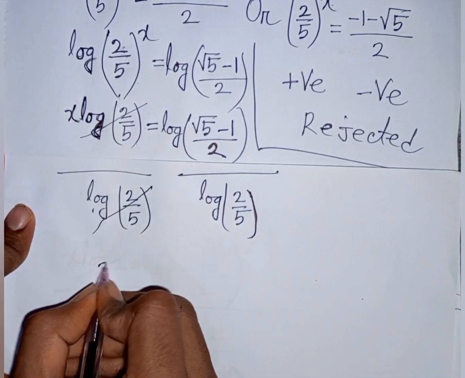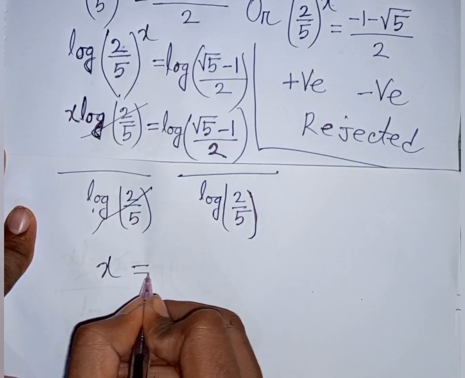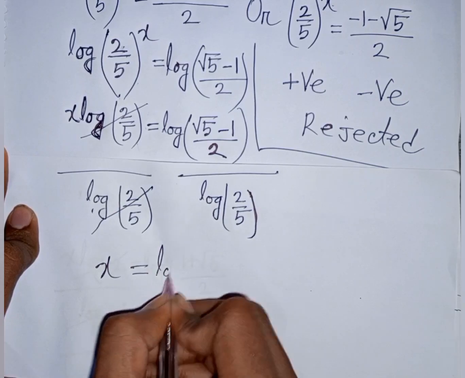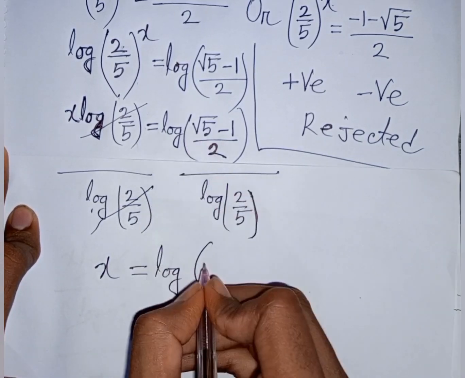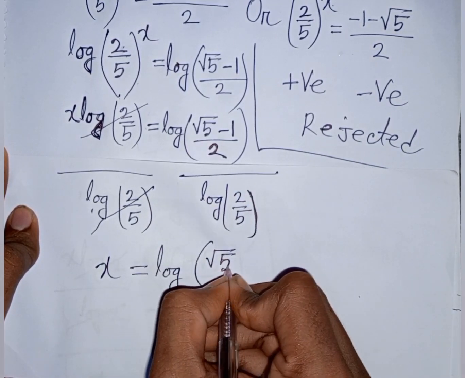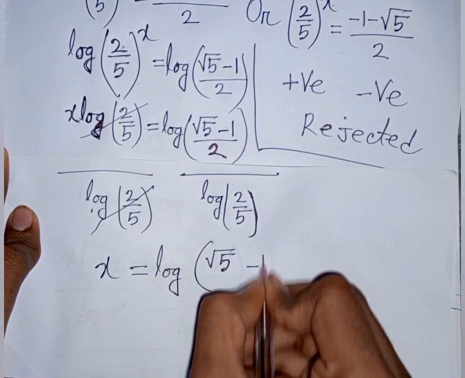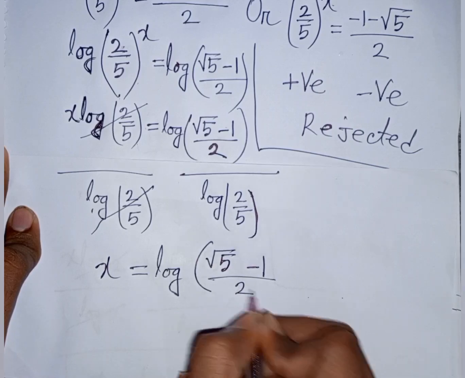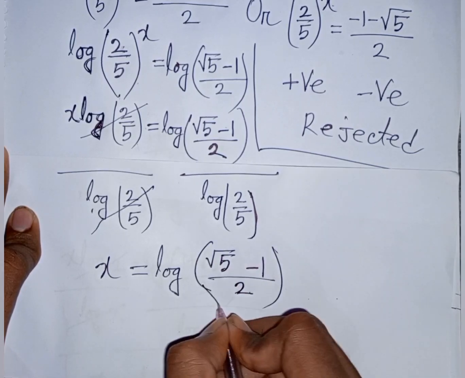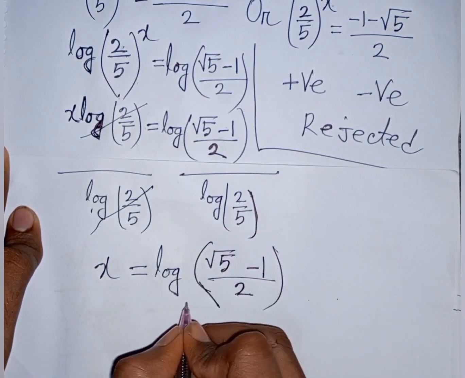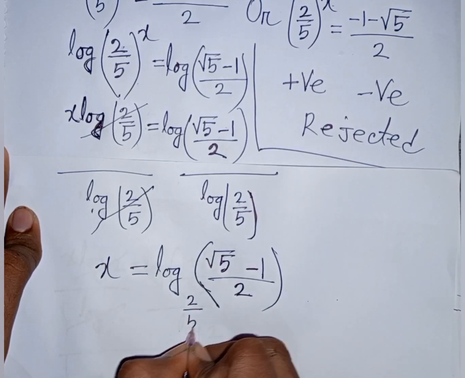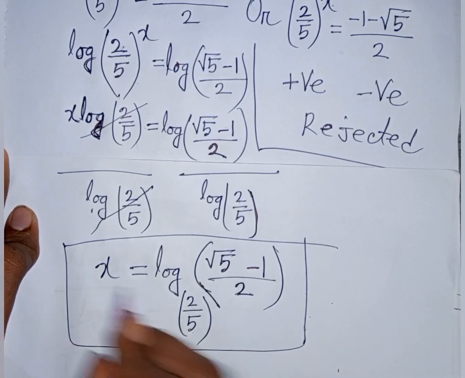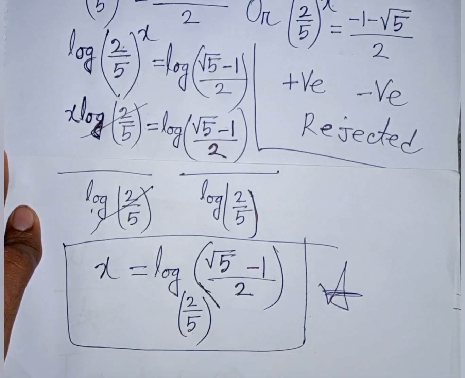So here x will be equal to this divided by this, that means it will be log of a square root of 5 minus 1 over 2, with base 2 by 5. So this is the value of x, so this is our final answer.